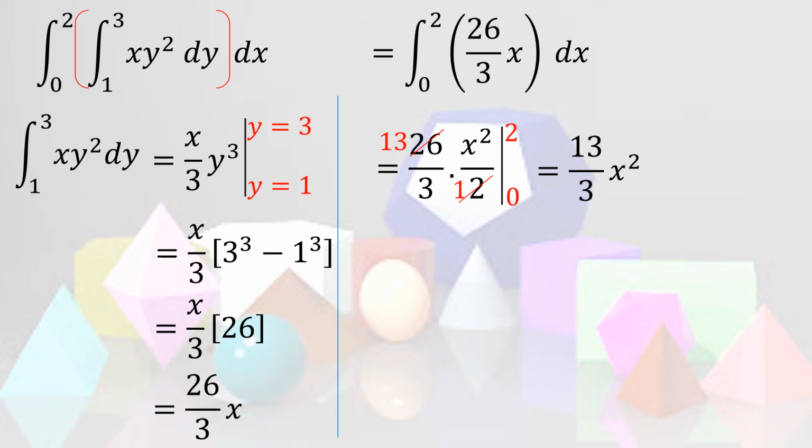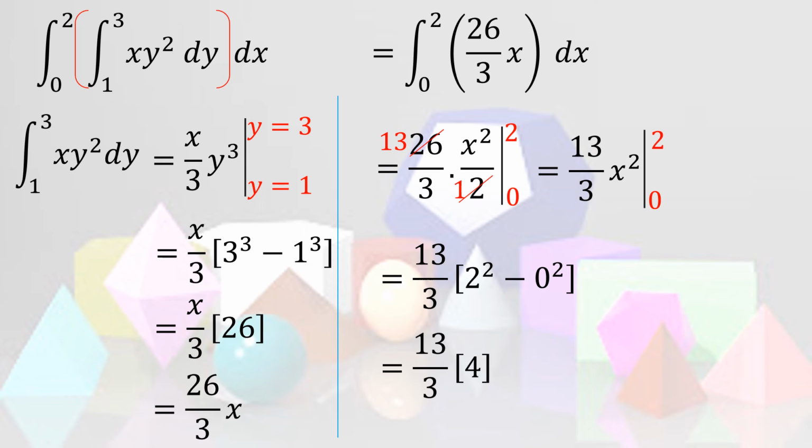So it is equal to 13 over 3 x squared from 0 to 2. Then we are going to substitute our upper limit first before the lower limit. So we shall have 13 over 3 times 2 squared minus 0 squared. 2 squared is equal to 4. So we shall have 13 over 3 times 4, which is equal to 52 over 3.